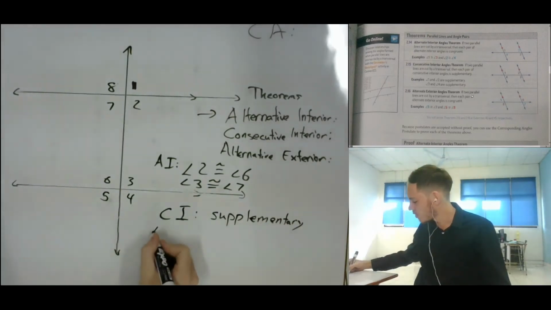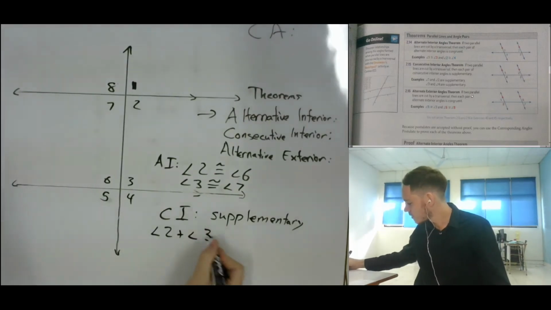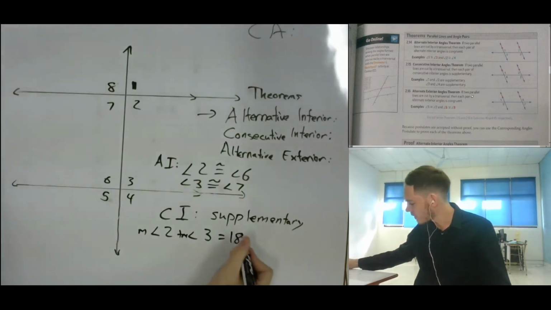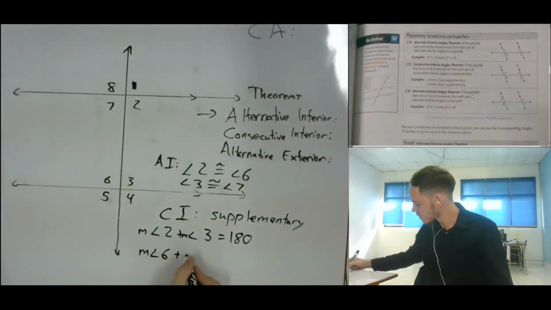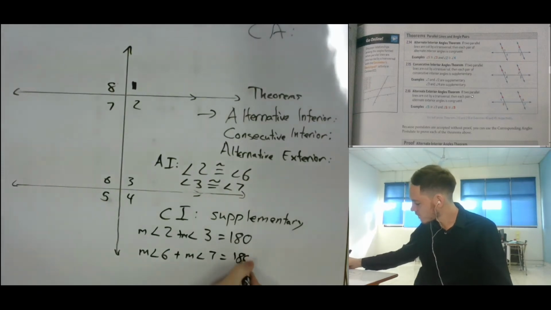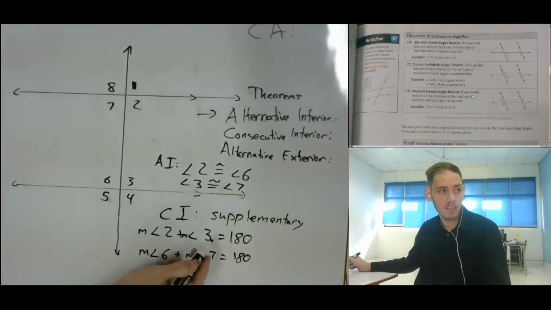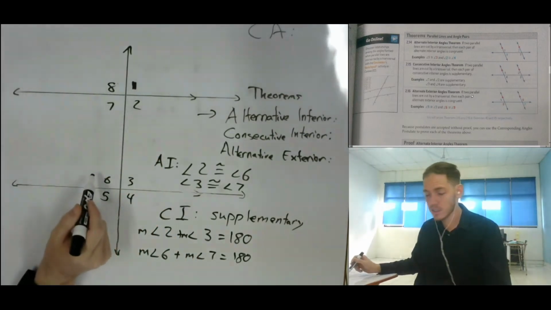Well, you go the measure of angle 2 plus the measure of angle 3 is going to equal 180. And the measure of angle 6 plus the measure of angle 7 is going to equal 180. Okay. So that's CI. These two are supplementary, and these two are supplementary.